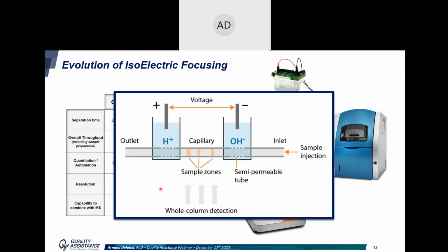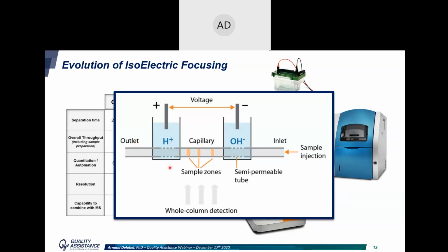The separation principle is the same. You have a pH gradient in your gel, and you perform the separation as I described just before, with a voltage that is applied on your capillary. When you perform only CIEF, in order to detect your sample, you have a mobilization step. That means that you will apply a pressure on your capillary and send the sample towards the detector.